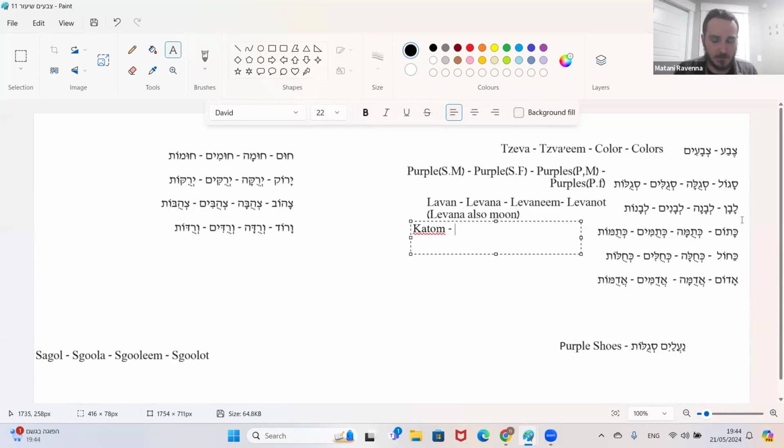So it's a consonant. If you remember from our gender lesson, male versus female, katom, so no sound, that means it signals to us it's a male. In comparison to female, which is ktuma.